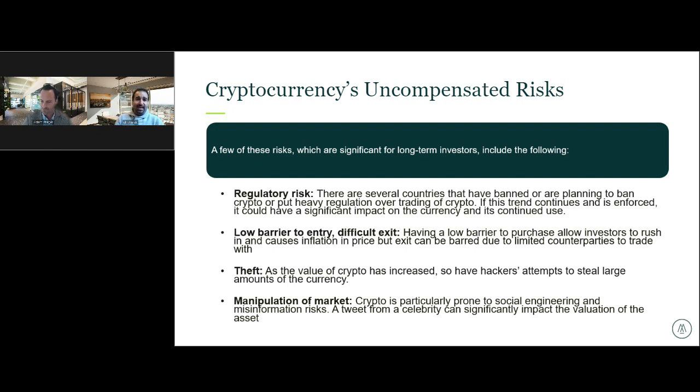The next item is low barrier of entry, but it's a difficult exit. So let's take an example, Dogecoin. Maybe a year ago, it was trading for maybe 1/100th of a penny. So what that meant is for $1,000, you could get hundreds of millions of this Dogecoin. Elon Musk set off a bunch of tweets about it, and it gained popularity and steam.